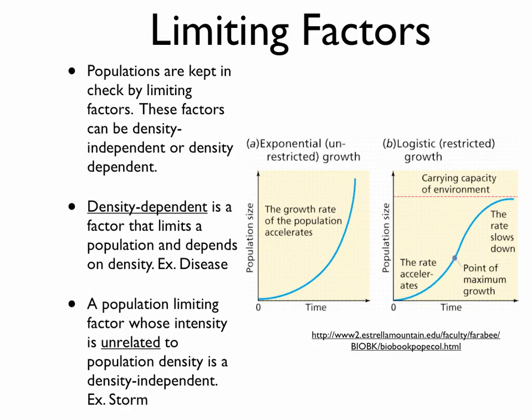Now this next idea of limiting factors has to do with what keeps populations in check and stops them from growing exponentially forever. Populations are kept in check by things called limiting factors. Hopefully, pause for a second and think about whether you remember the definition of a population.